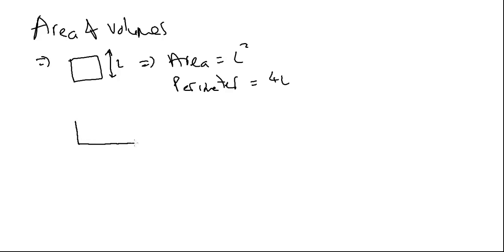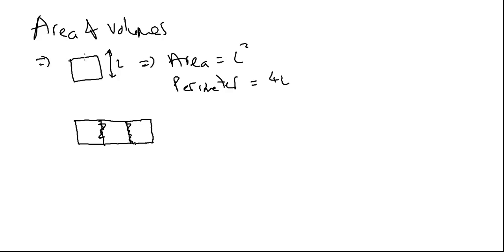Next, we can look at a rectangle. You wouldn't have these lines in a rectangle. I just put them in there to help me draw it, and also to help see that things make sense. So with the rectangle, we have 2 parameters.